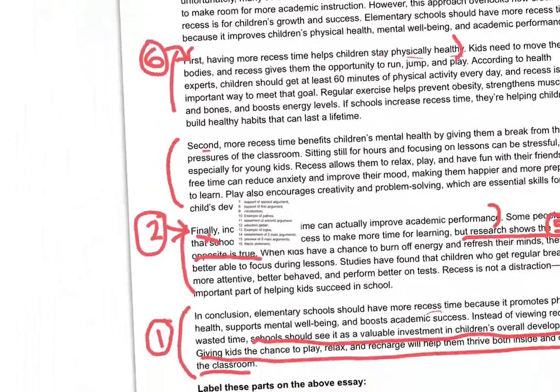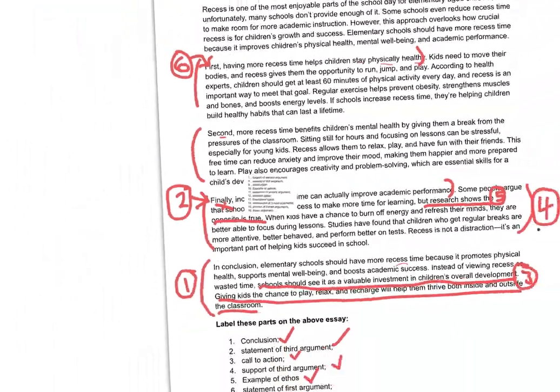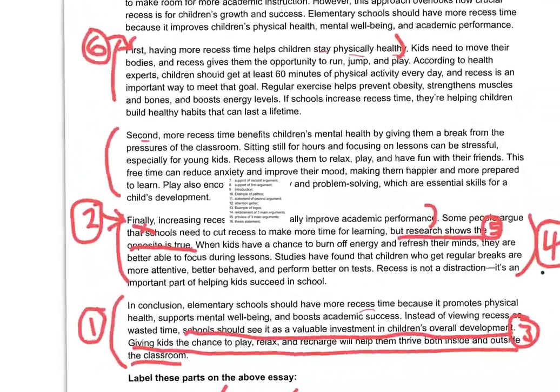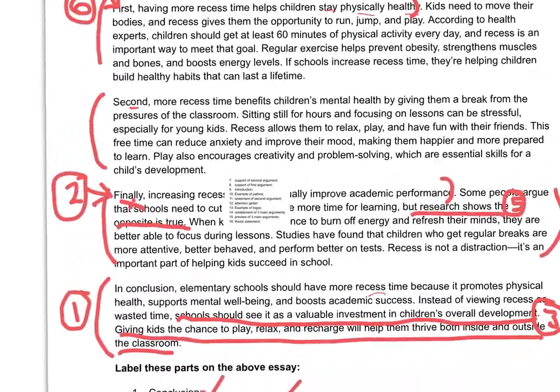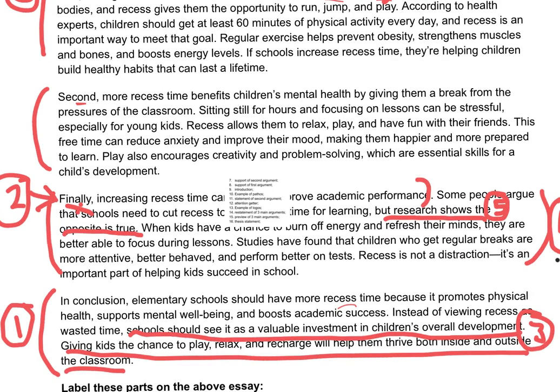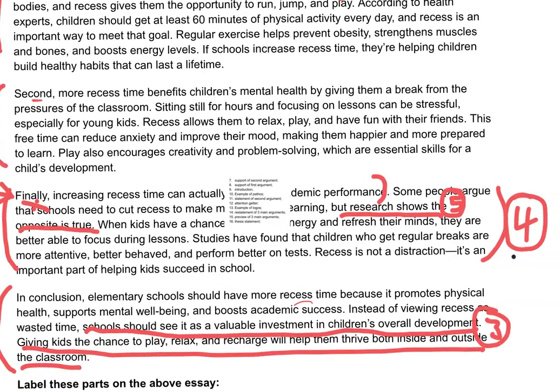So where are the items? I'm going to have to switch that back again. Where is the part of the essay that supports the second argument? The second argument is second, more recess time benefits children's mental health by giving them a break from the pressures of the classroom. Well, the rest of this paragraph right here.